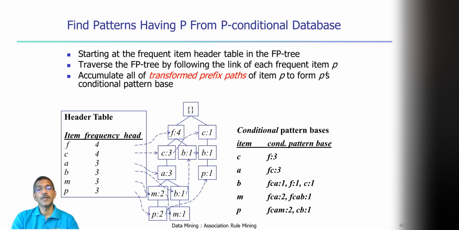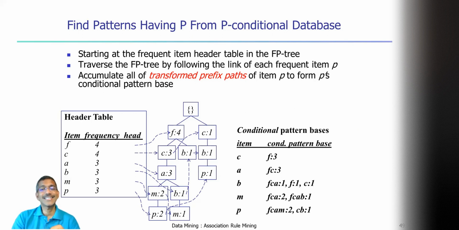If you take the first example, C, the conditional patterns that we can create from F and C, it's 3. How do you find that it is 3? If you look at the tree, you see that for FC we have 3.